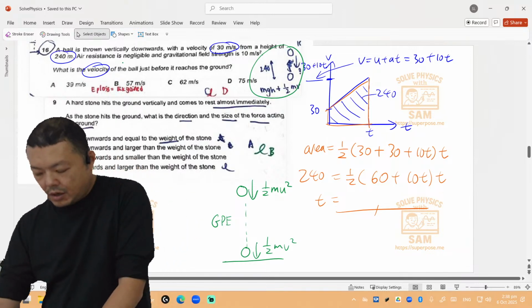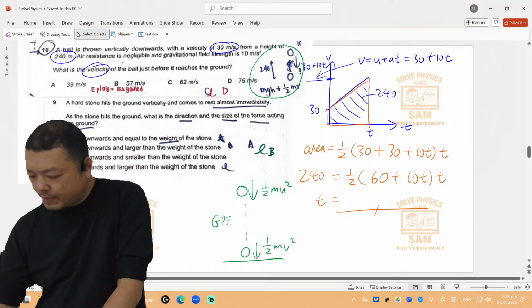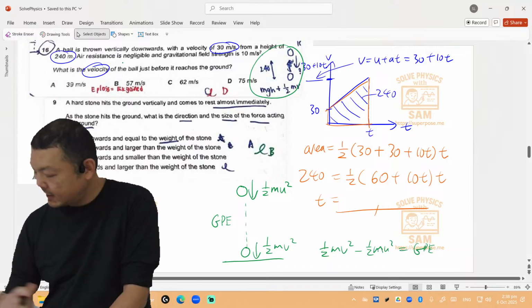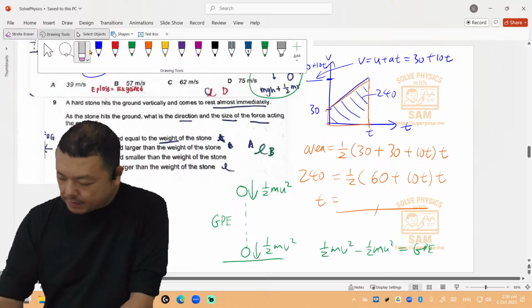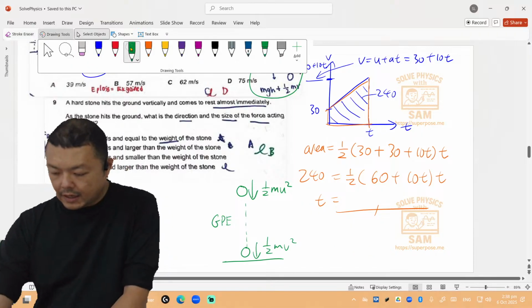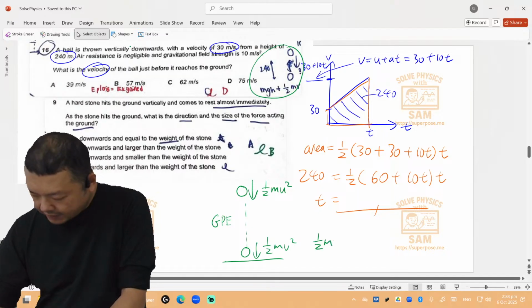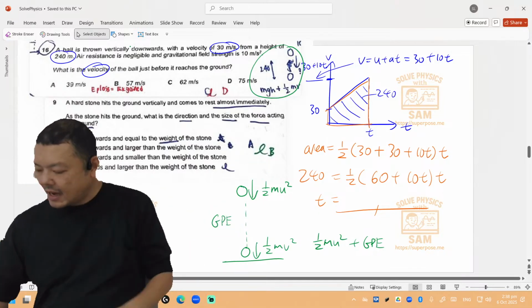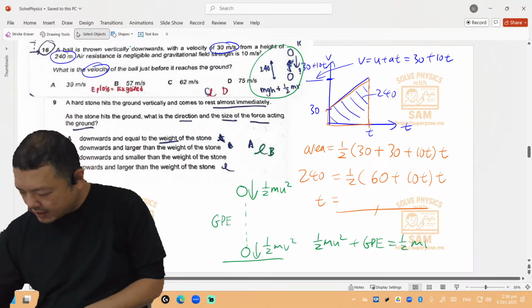Okay, so whatever you do, you have to remember to take half mv squared minus half mu squared equals GPE. Or you know what? Maybe this is not intuitive to you. Maybe we do it this way instead. We take the initial KE, half mu squared, plus the GPE that you convert into KE, and this equals the final KE.